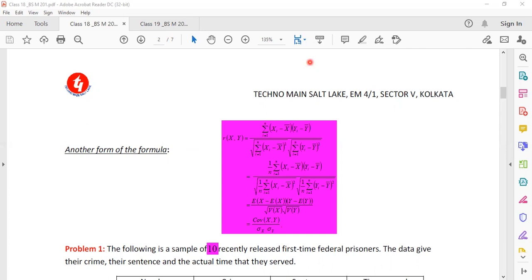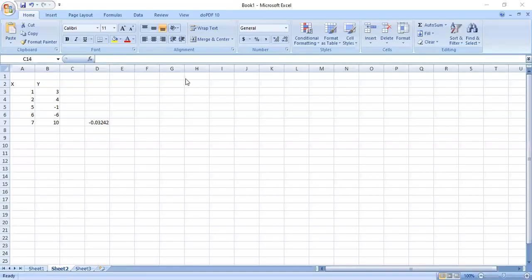Okay. Now I'm going to show you a very simple calculation with the help of Microsoft Excel, which you can use to find the correlation coefficient between two variables.